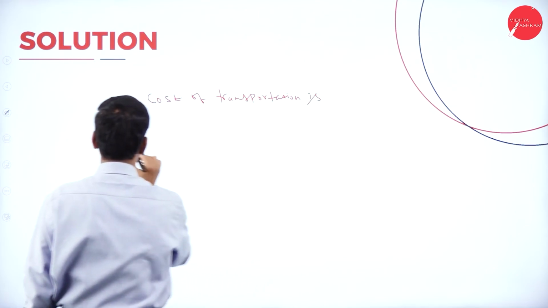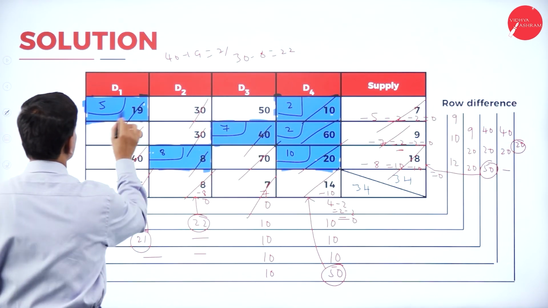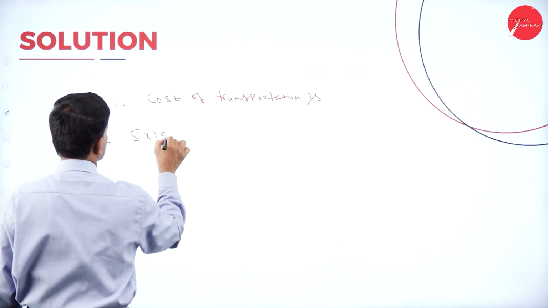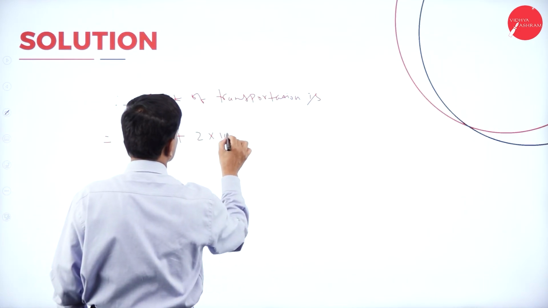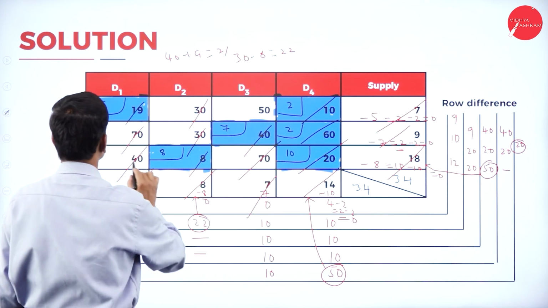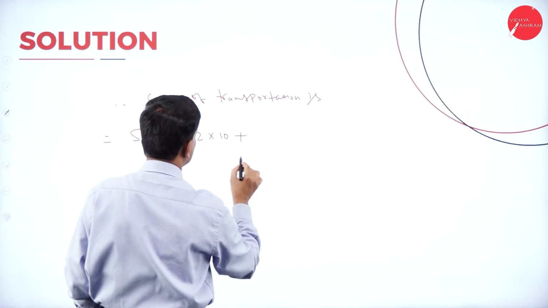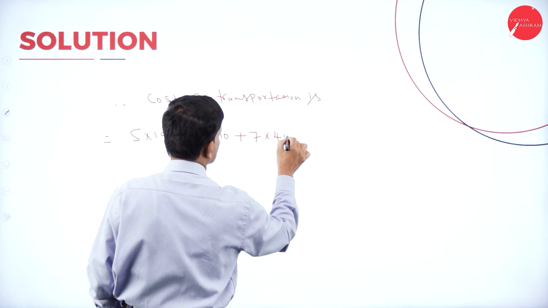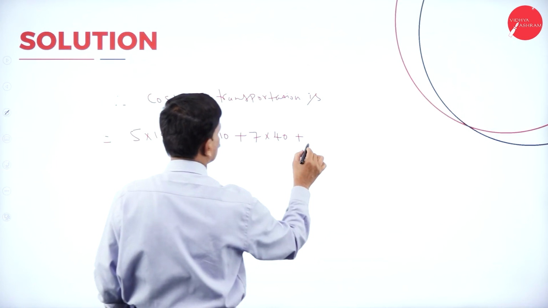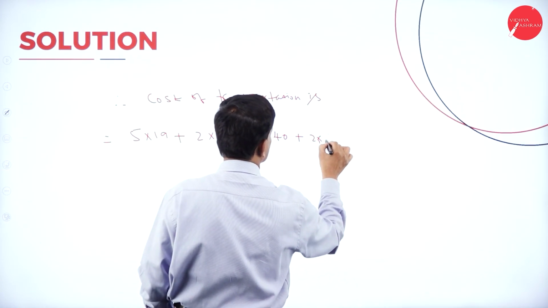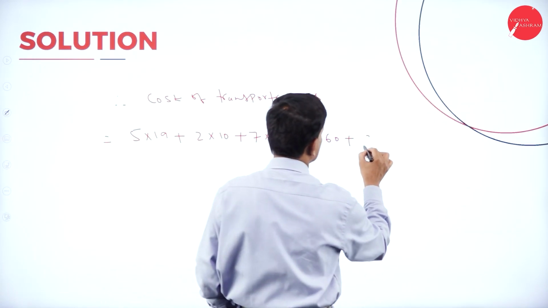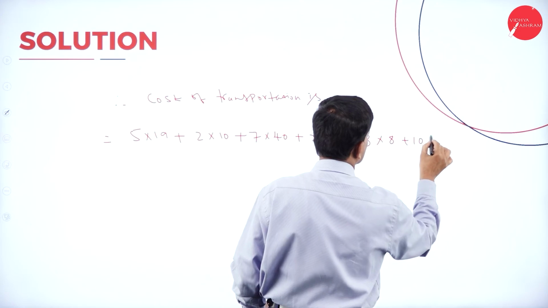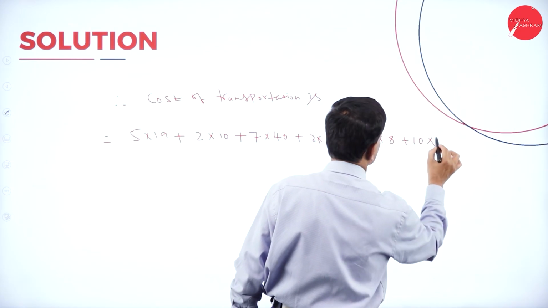is equal to, now first find 5 into 19 plus 2 into 10, first row, second row, 7 into 40 plus 2 into 60 plus 8 into 8 plus 10 into 20.